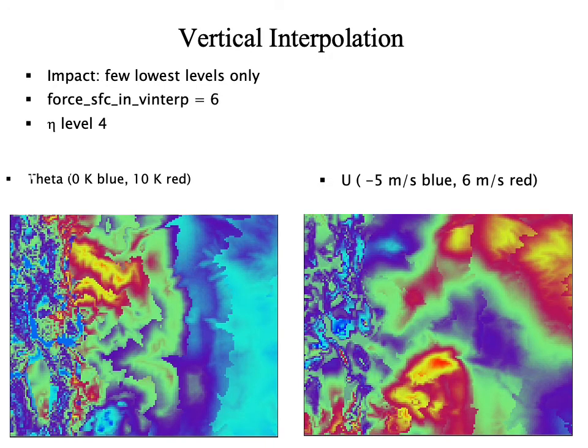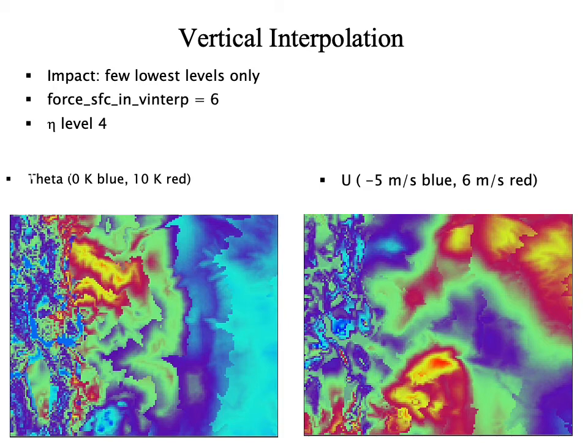We can also say not only are we requiring that the surface be used in the vertical interpolation, but that the surface available from MetGrid is used as the bottom boundary condition for the first n levels, and in this case 6.